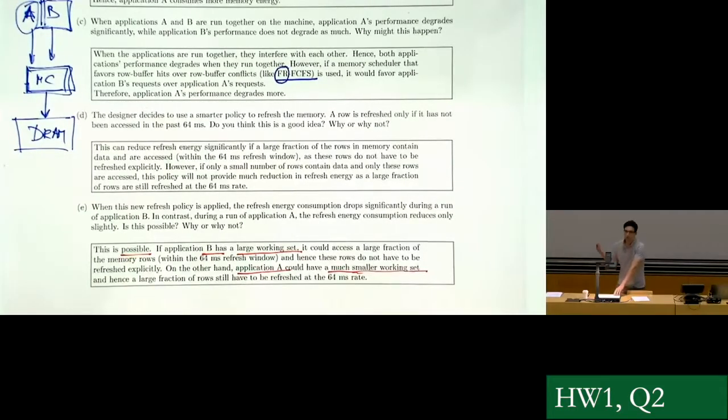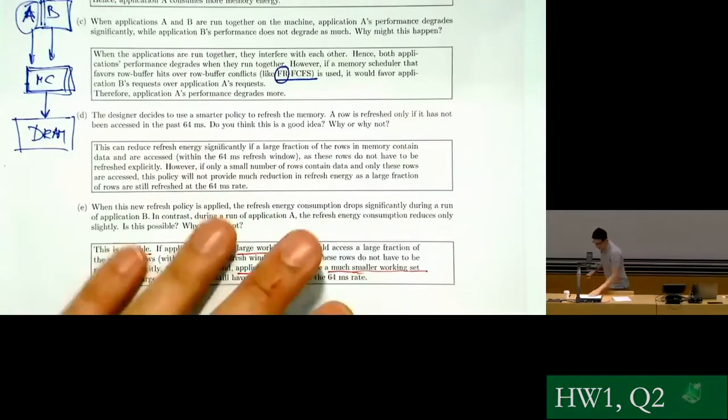Only very few rows are being read and, in consequence, pre-charged. So the rest of the rows that are not accessed still need to be refreshed. Is that clear? Okay.